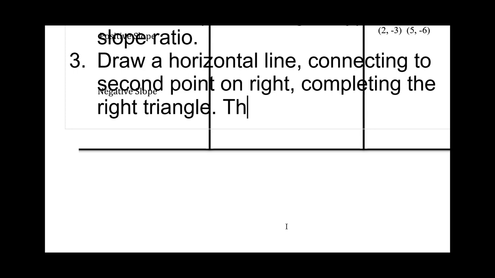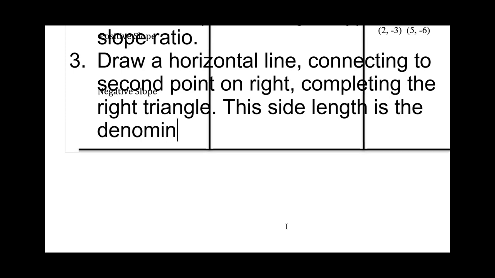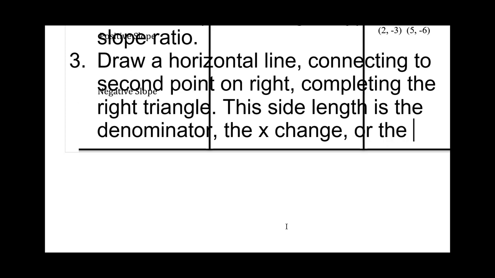And the number is going to be the denominator, if you want to call it that, the x change, or the run in the slope ratio. Those all have the same numbers there.